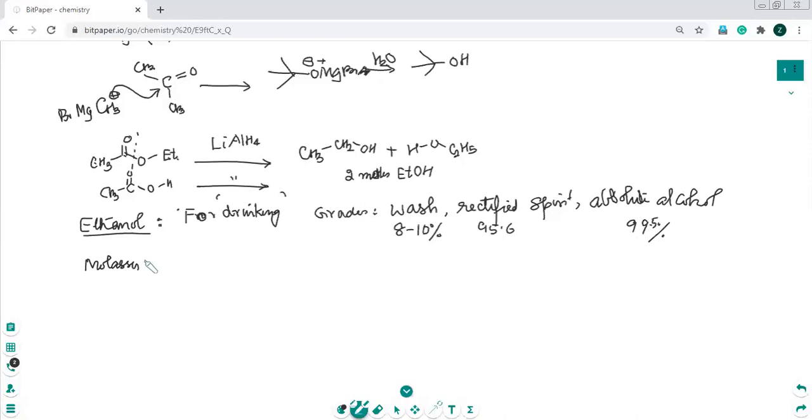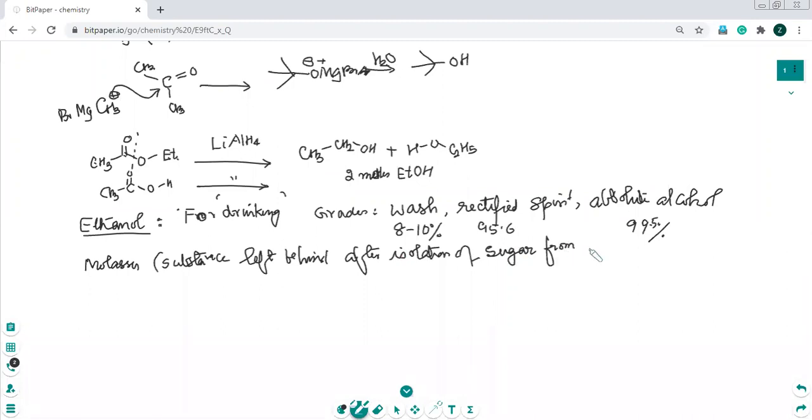Molasses is the substance left behind after isolation of sugar from cane sugar, and then fermentation.